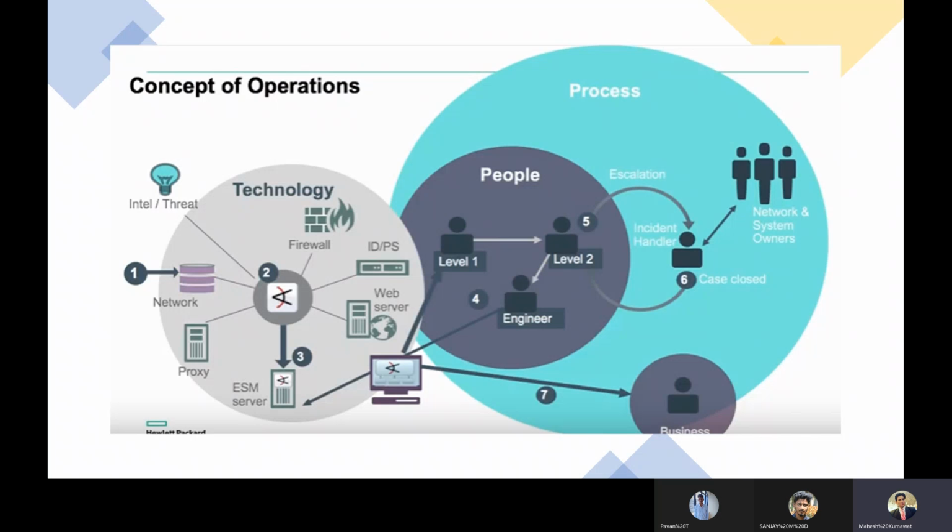So I'm talking here about the technology. You have firewall, IDS, IPS, web server, you have ESM server, you have proxy servers, you have networks, you have internal and external threats.